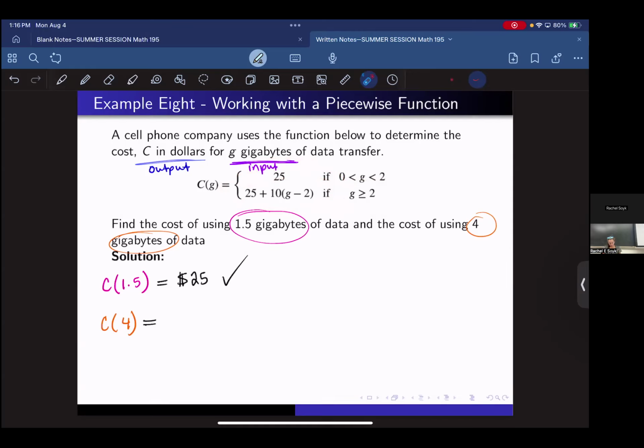And so wherever you see a G, we just have to substitute in 4. And then solve. 4 minus 2 gives you 2. 10 times 2 gives you 20. And 25 plus 20 gives you $45. And you're done.